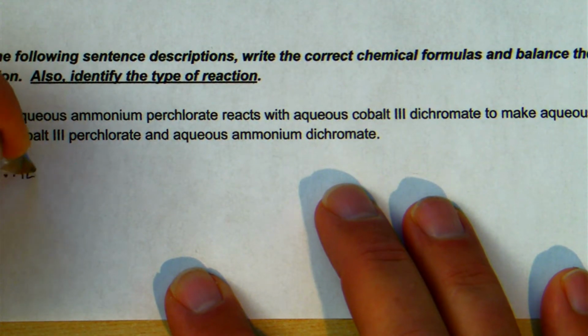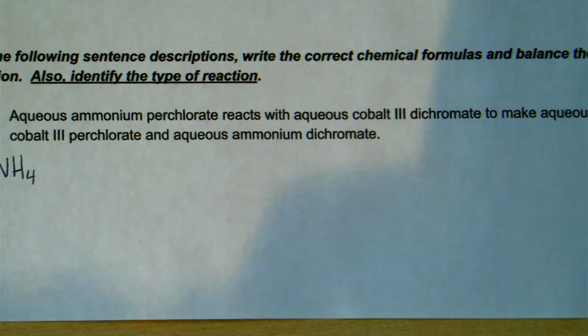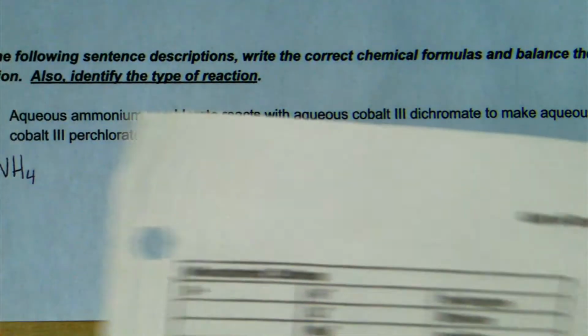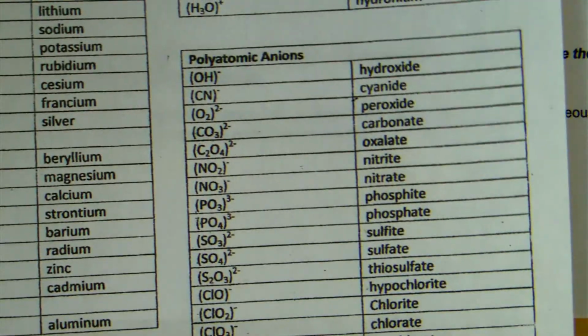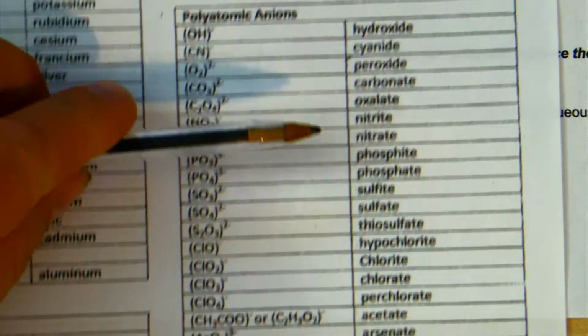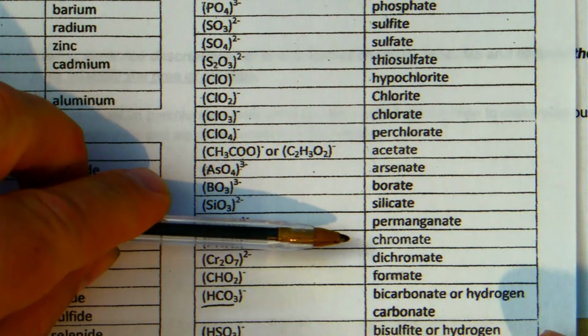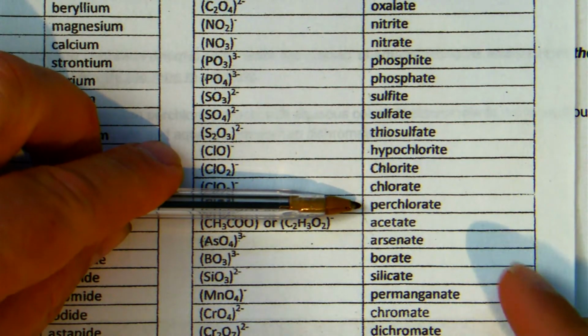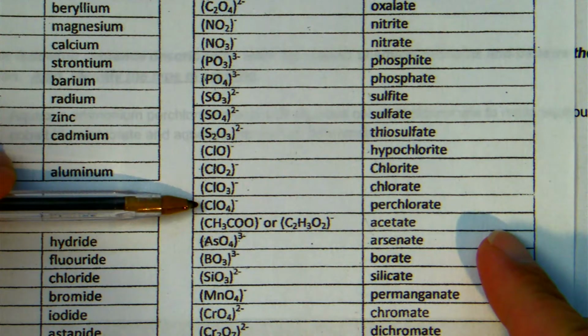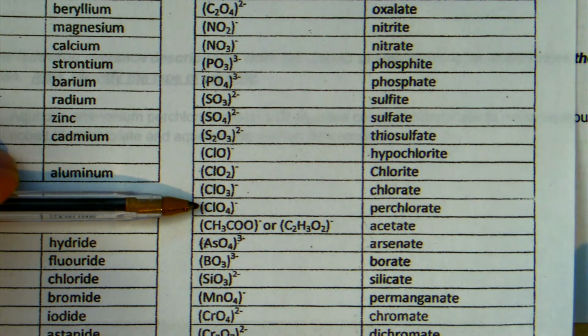It's always a +1 charge, and I'm going to have to refer to my list of common ions to look up what is perchlorate. Perchlorate is ClO4 with a 1- charge.